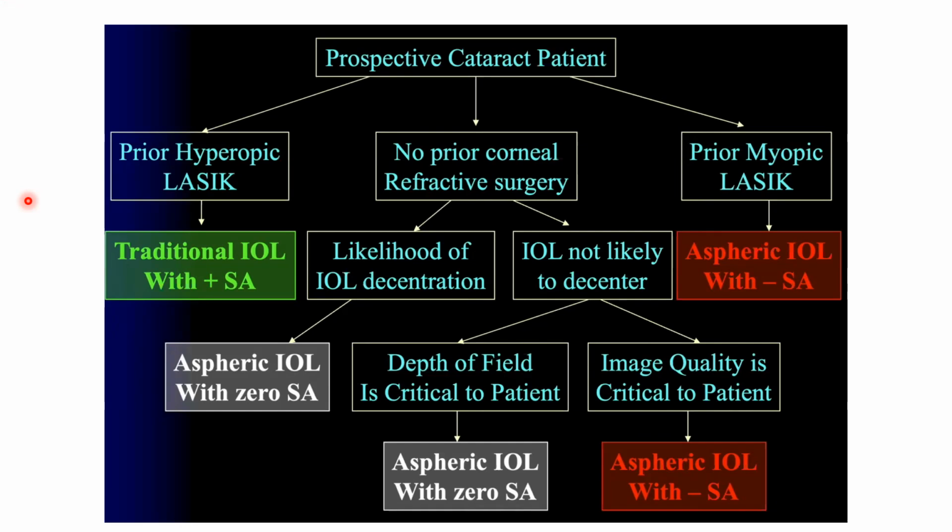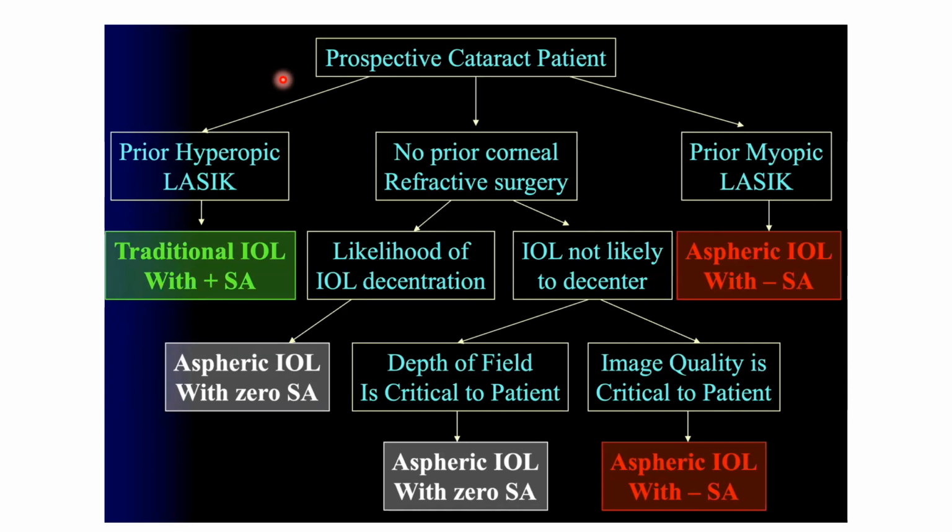Yes. Okay. So how do we choose an IOL on the basis of spherical aberrations? In a patient with a prior hyperopic LASIK, we go with a positive spherical aberration IOL, that is the traditional IOLs. In a patient who has had no prior corneal refractive surgery but has a likelihood of IOL decentration, we choose an aspheric IOL with zero spherical aberrations, that is the aberration free lenses.